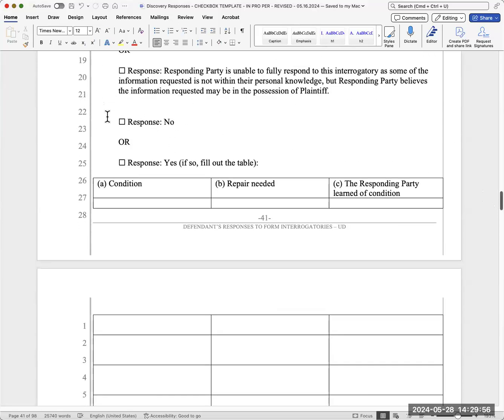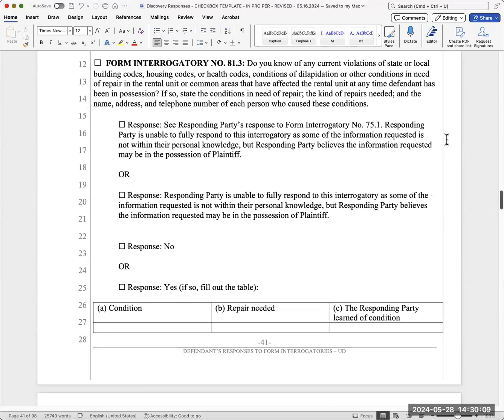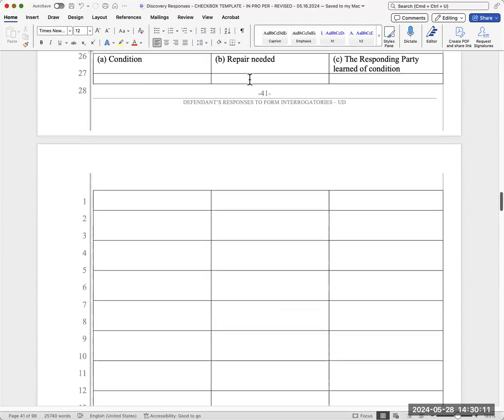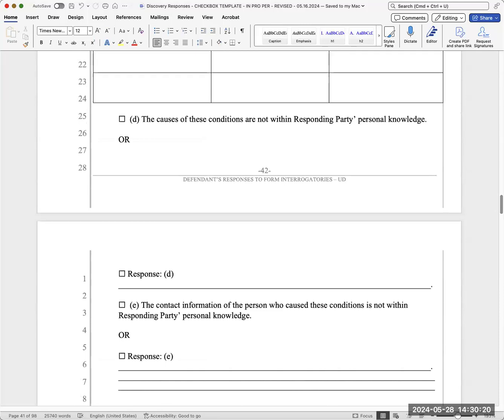And you can just check no to the question, but you've got to remember that what you don't necessarily know is answered here. And then if 75.1 wasn't checked and you didn't answer it, you should answer the question here, in the same way you would have answered 75.1.